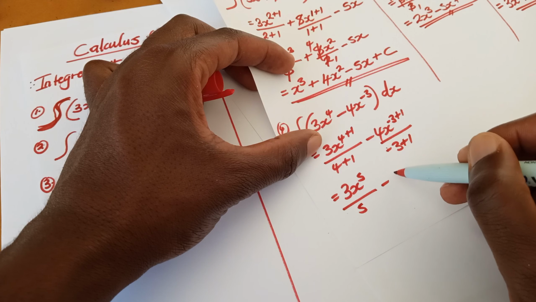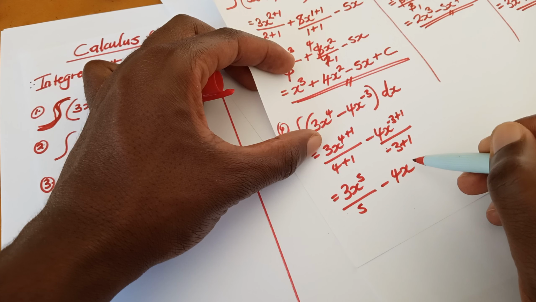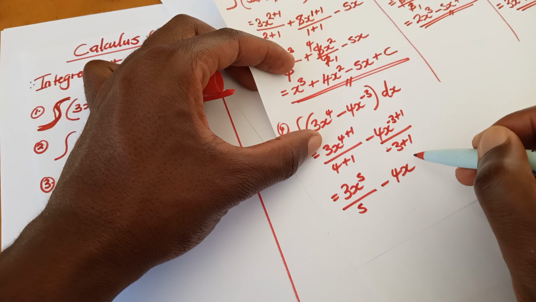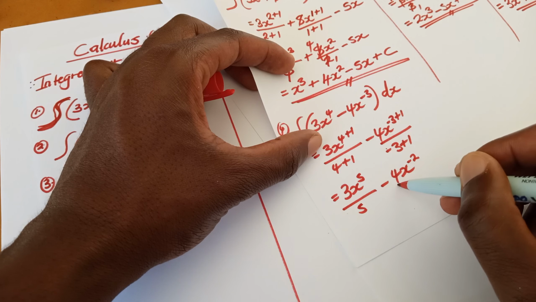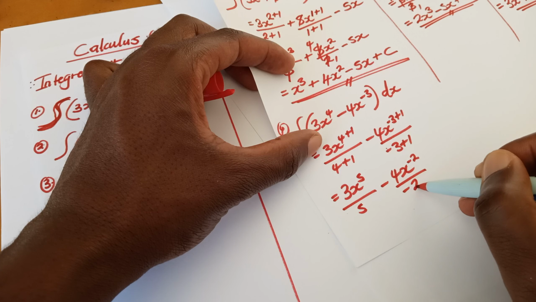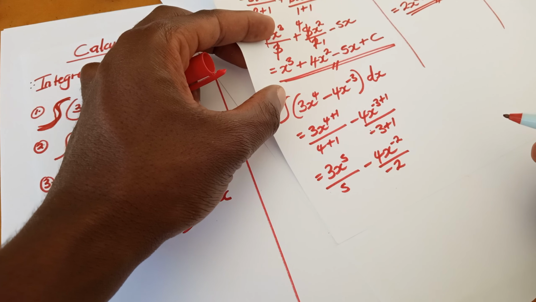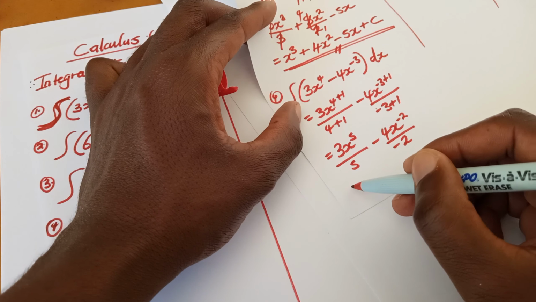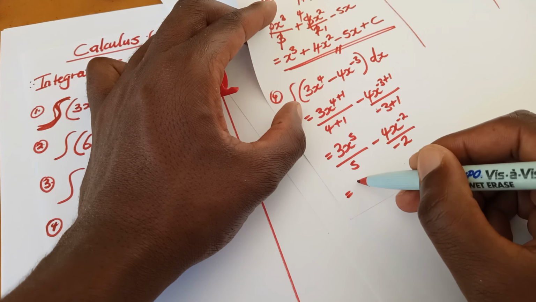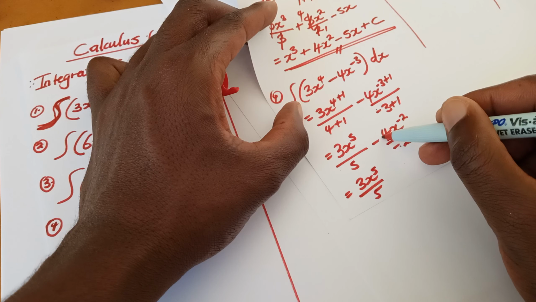Minus 4x to the power of negative 2, and at the bottom also negative 2. So now we go on and say 3x to the power of 5 over 5. This negative 2 can go into negative 4.